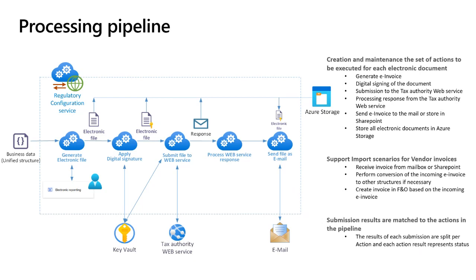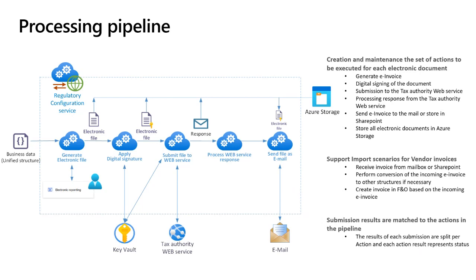We provide some predefined sets of these actions, and you can play around setting up each action's behavior and draw such a process. Quickly reviewing this one as an example, we can see that business data in a unified structure will come from F&O during submission of the document to the electronic invoicing service, or when calling the service with the ask to generate and submit your invoice.